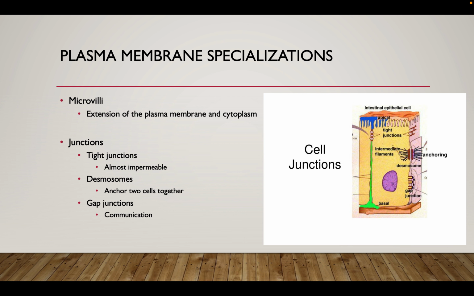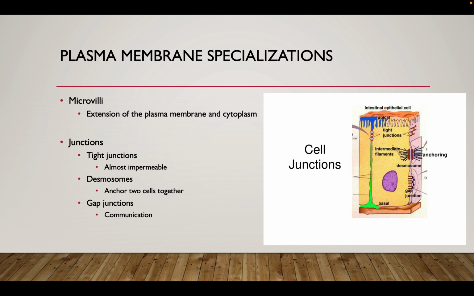We have tight junctions, we have desmosomes, and we have gap junctions. If you think about the name tight junction, it is going to very closely and almost completely seal the cell.